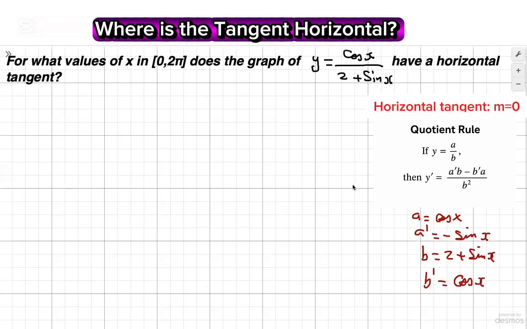Now let's write this out in this format. So here y prime equals a prime, which is negative sin x, times 2 plus sin x, which is b, minus b prime, which is cos x, times a, which is cos x as well.